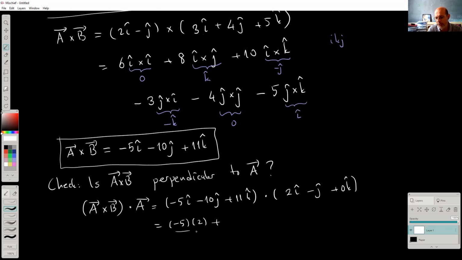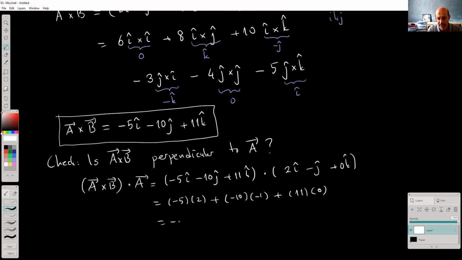These are the products of the x components. And the y components have products of minus 10 multiplied with minus 1. And the z components have a product of 11 multiplied with 0. So I get minus 10 in here and then plus 10 in here. So that's equal to 0.